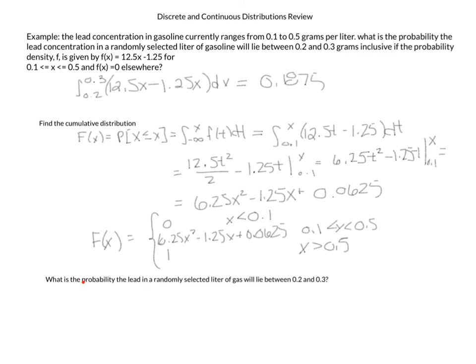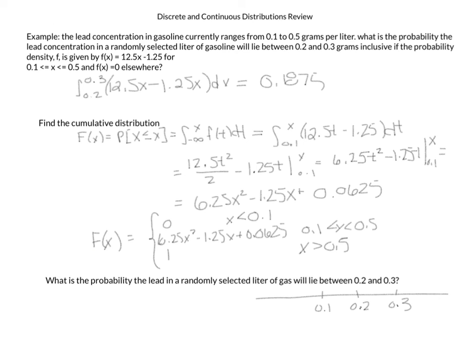And one last question, we already solved this over here. What is the probability the lead in a randomly selected liter of gas will lie between 0.2 and 0.3, and we used the density function. But we can also solve this using the cumulative distribution function. So if I think about my number line, my cumulative distribution for 0.3 is the probability of 0.3 and less.